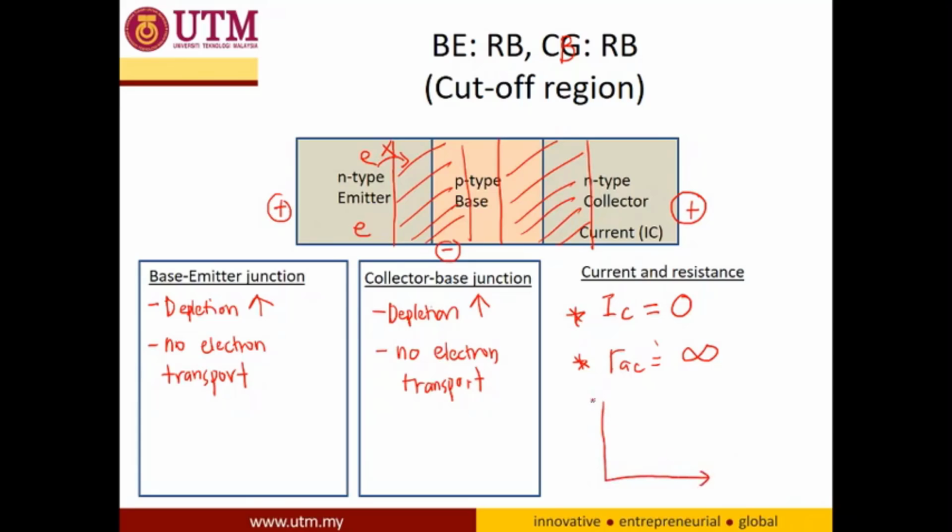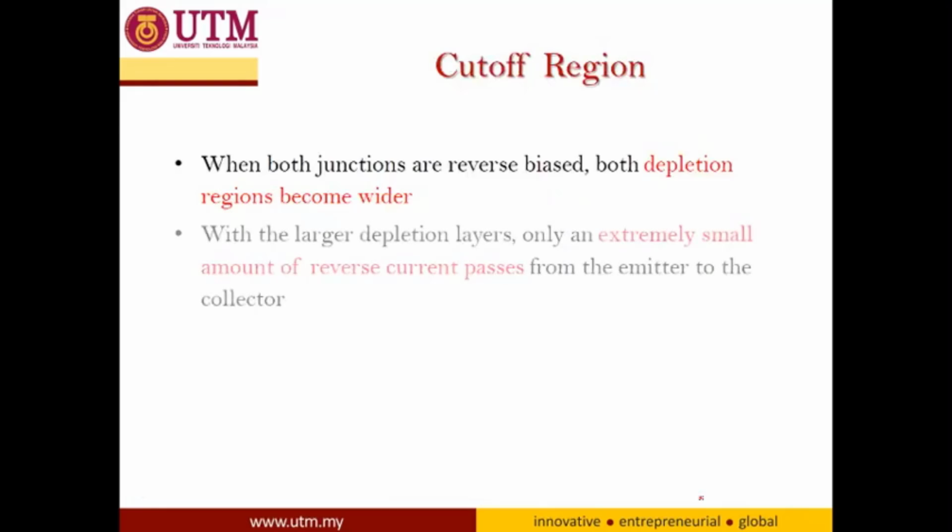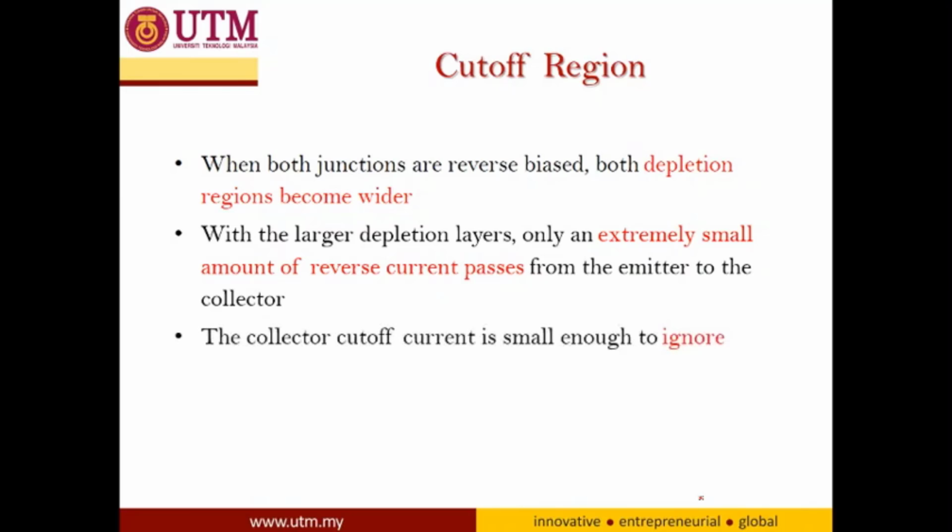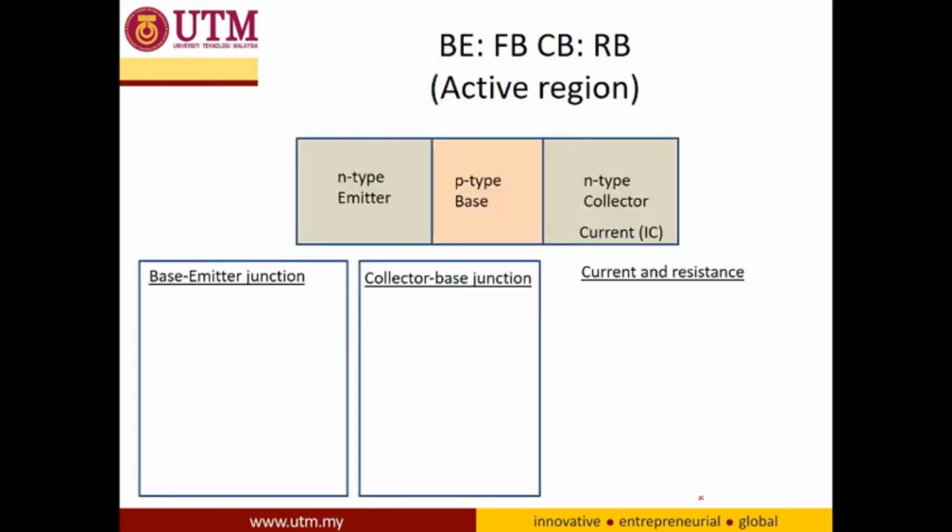If you plot IC versus VCE, you get a horizontal line at the bottom. This is IC equal to 0. The cutoff region is when both junctions are reverse biased and both depletion regions become wider. With a large depletion layer, only an extremely small amount of reverse current passes from emitter to collector. The collector cutoff current is small enough to ignore.